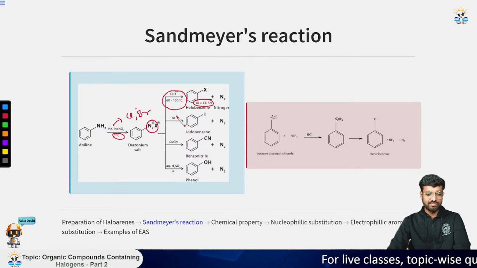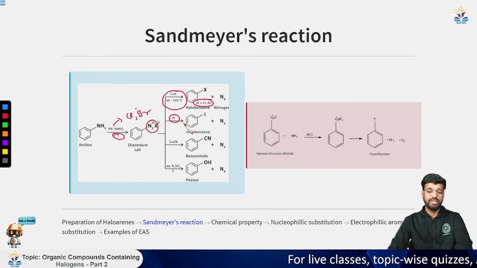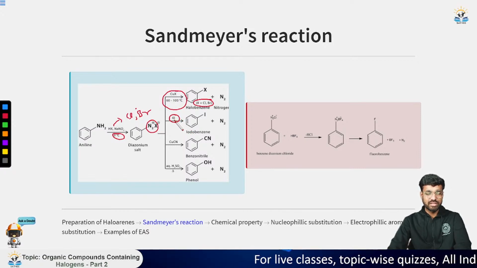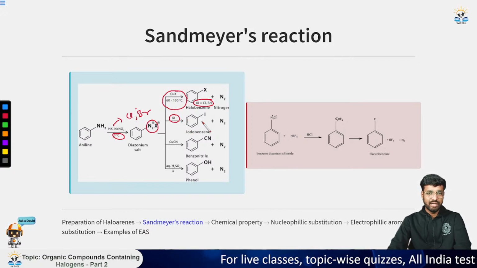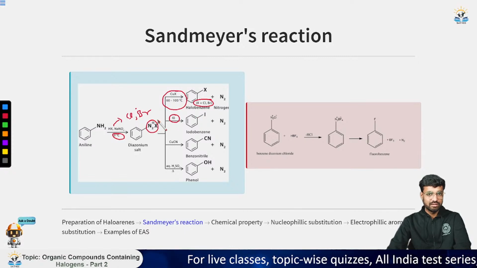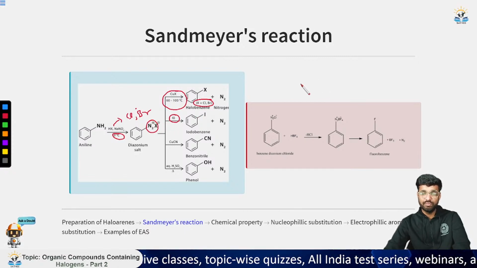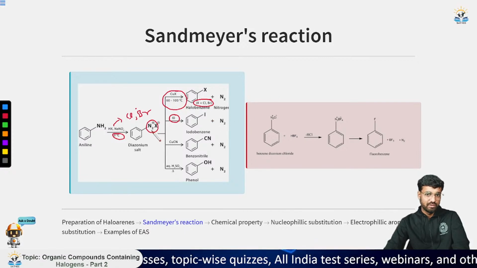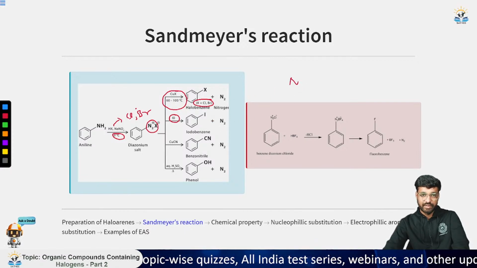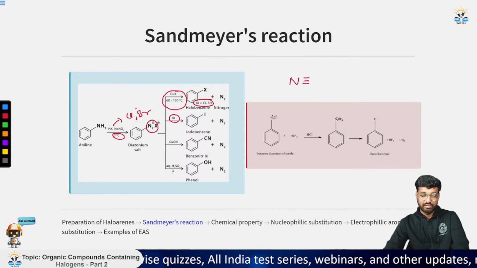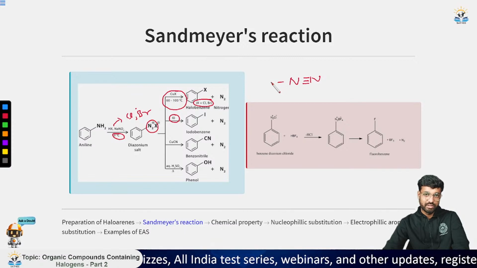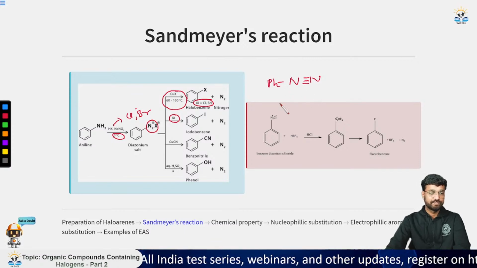Now for the introduction of iodine, we use KI, potassium iodide, and it replaces the N2 plus X minus, because N2 plus is a good leaving group. So how does it leave? This whole thing is attached to the phenyl ring.